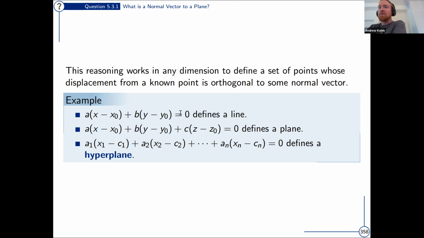Notice that each of these are set equal to 0 and they don't have a c term or a d term here. We can actually take any of these lines, planes, or hyperplanes which pass through the origin and translate them by some value c or d, or in this case a n plus 1, and that will give any line, plane, or hyperplane in any number of dimensions passing through any point that you like.